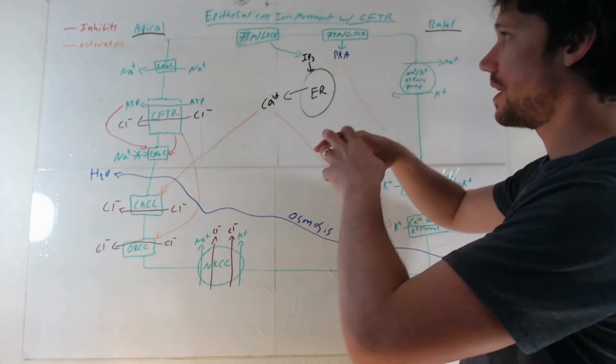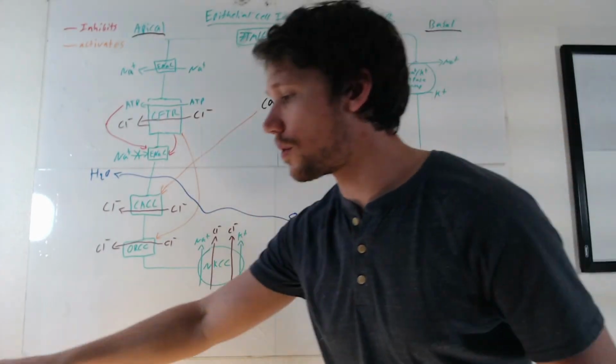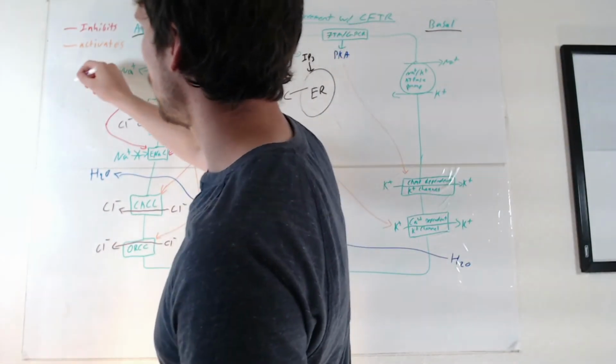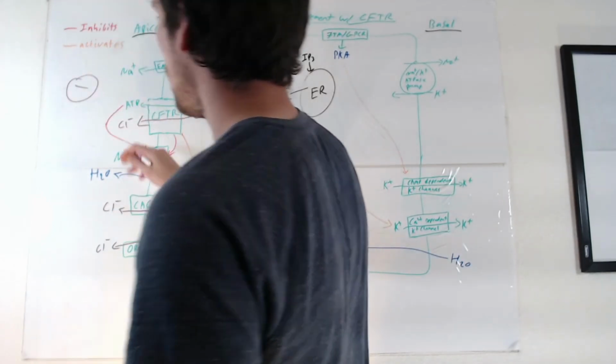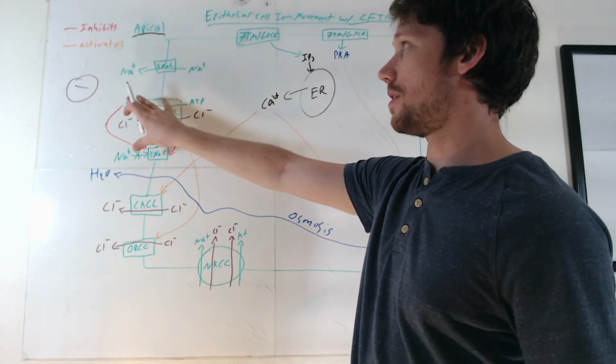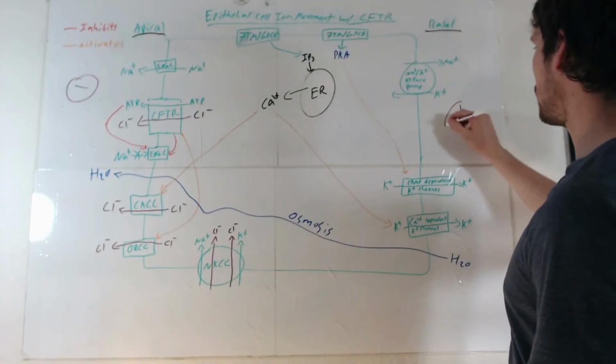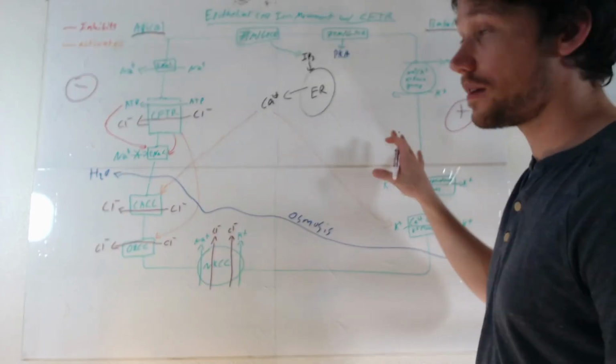All of this sums up to an overall negative charge forming on the apical side of the epithelial cell and a relatively positive charge on the basal side.